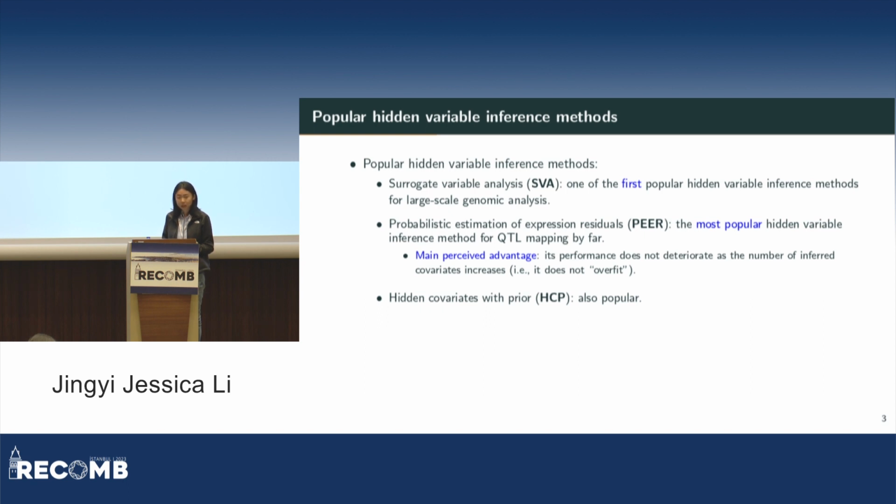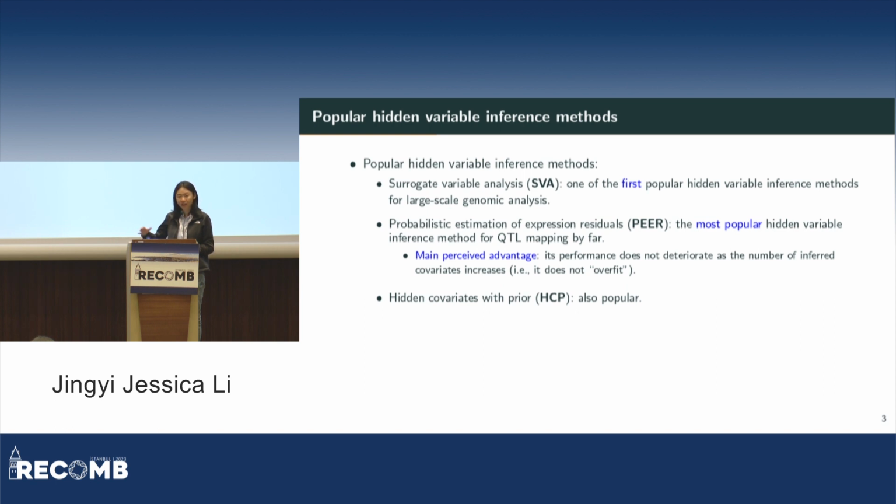In the literature, we also see similar ideas used in surrogate variable analysis, short as SVA. This method was proposed to adjust for hidden confounders in differential expressed gene analysis. To compare two conditions, we want to find the differentially expressed genes. Even though it's a different problem, it's a similar setting. In this case, every Y is one gene's expression level, and the predictor X is the condition label.